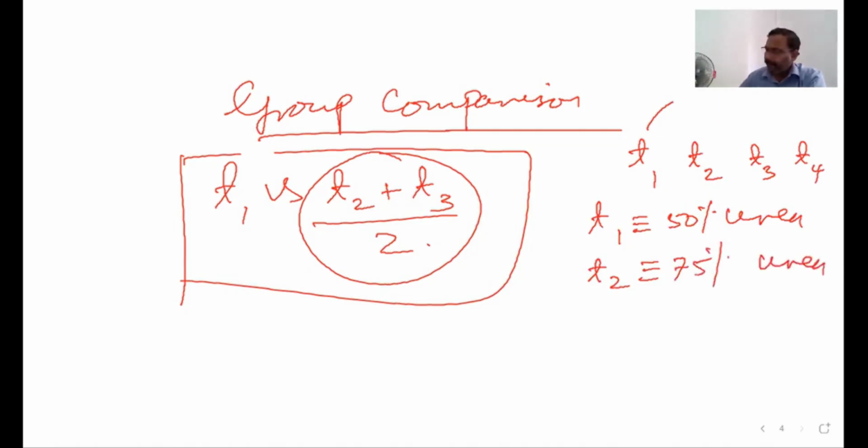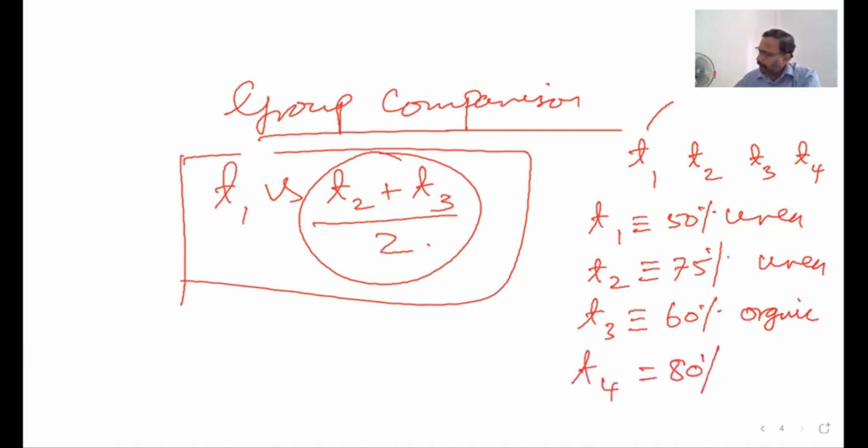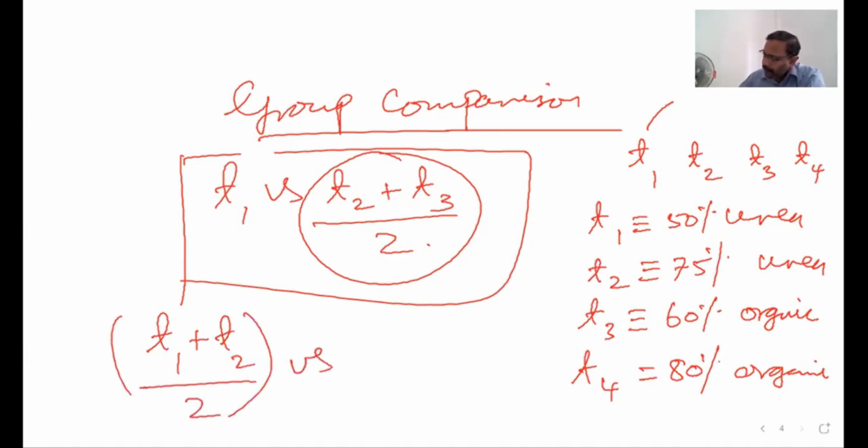Just an example. T3 is 60% organic. T4 is 80% organic. Now I say I'm going to test T1 plus T2 divided by 2 versus T3 plus T4 divided by 2.